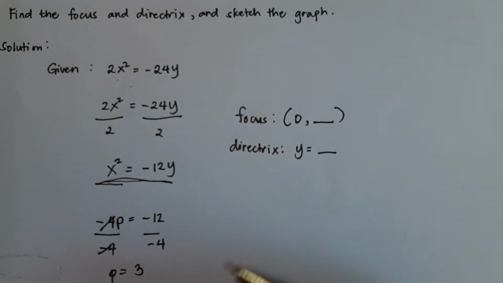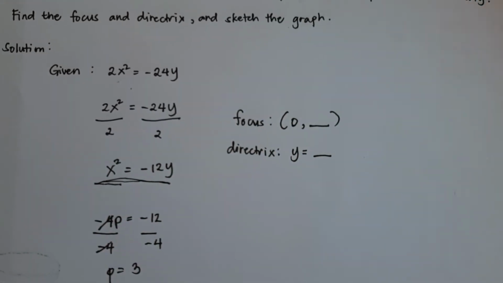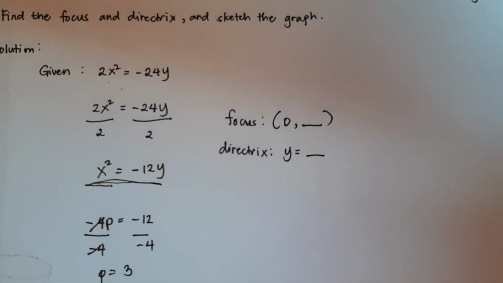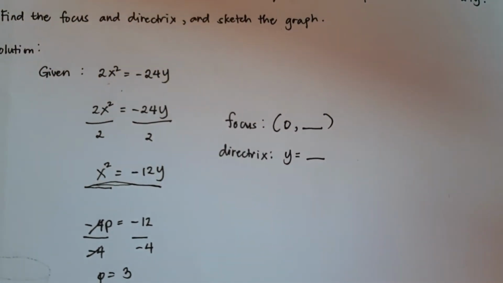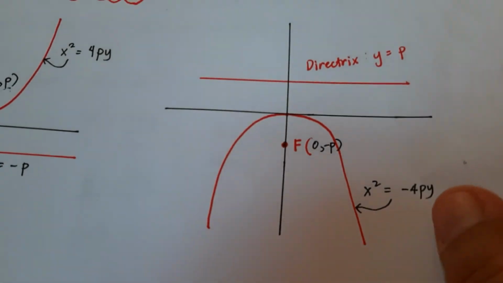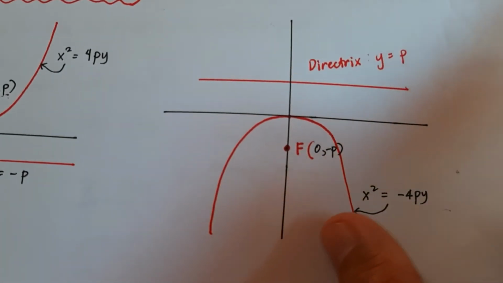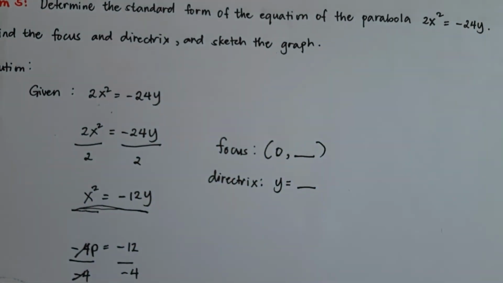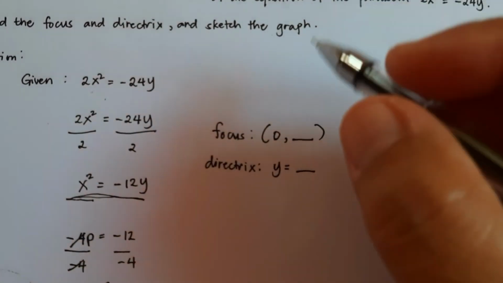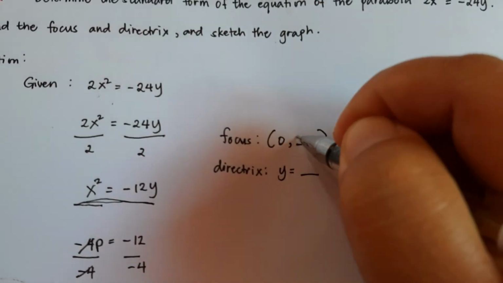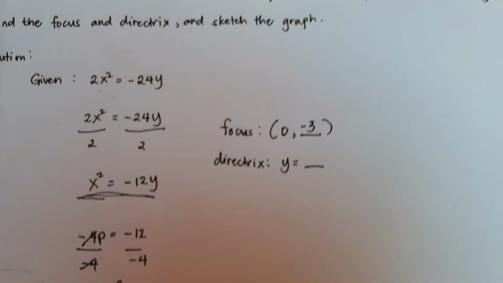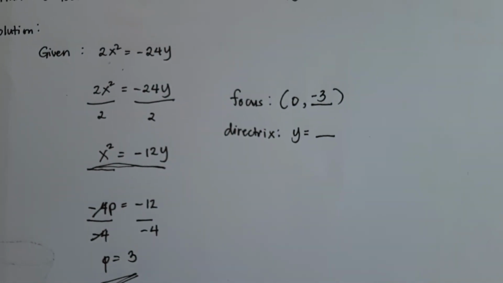So let us now get the focus or the coordinates of the focus. Okay, since it opens downward, no, ang focus daw natin ay 0, negative p. So therefore, ang focus ay 0, negative 3. Then ang value ng p natin ay positive 3.